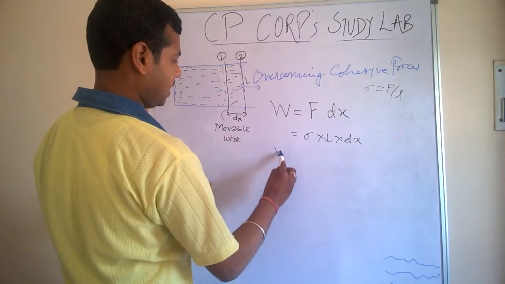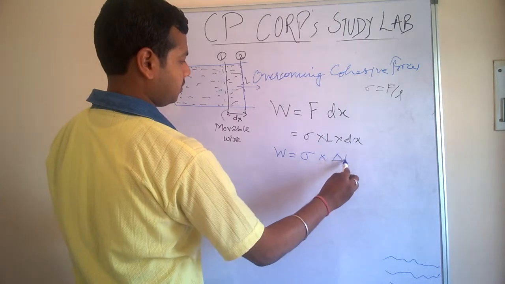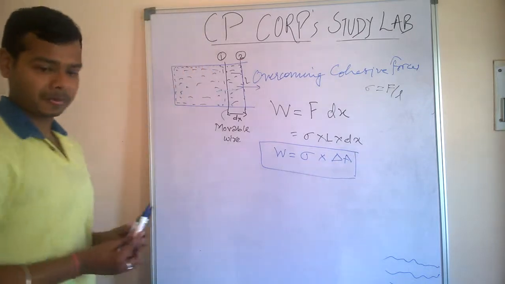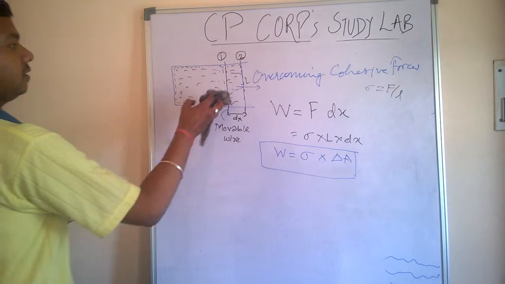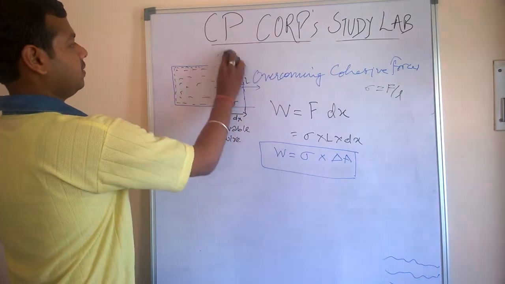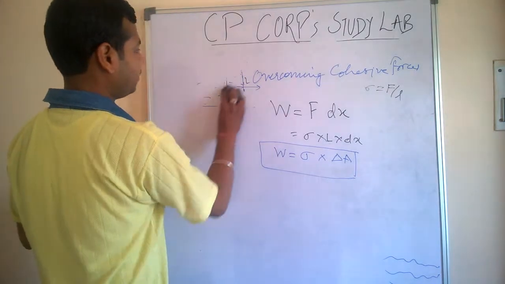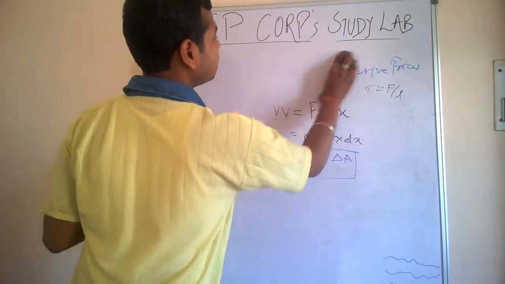So finally we have work done equal to sigma into change in area. Work done is equal to surface tension into area. This is the most important relationship I will be using for different profiles for deriving the change in pressures.